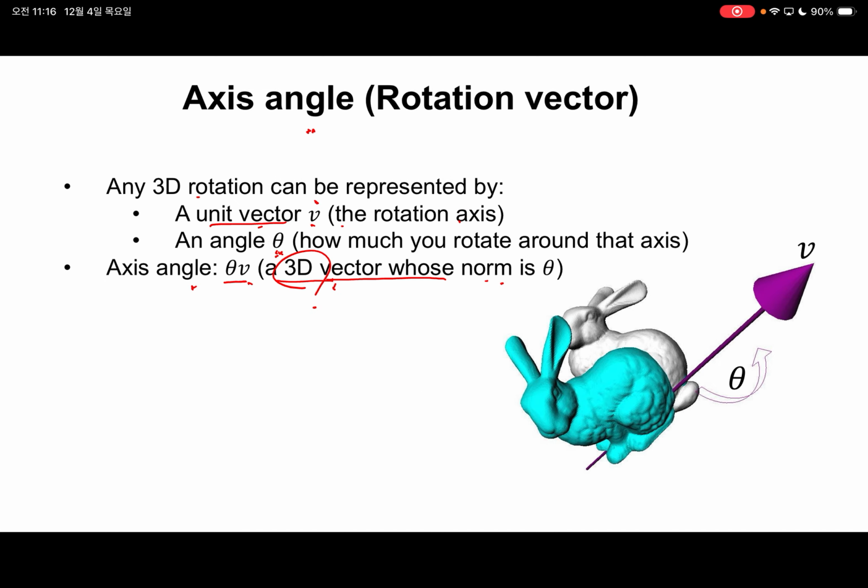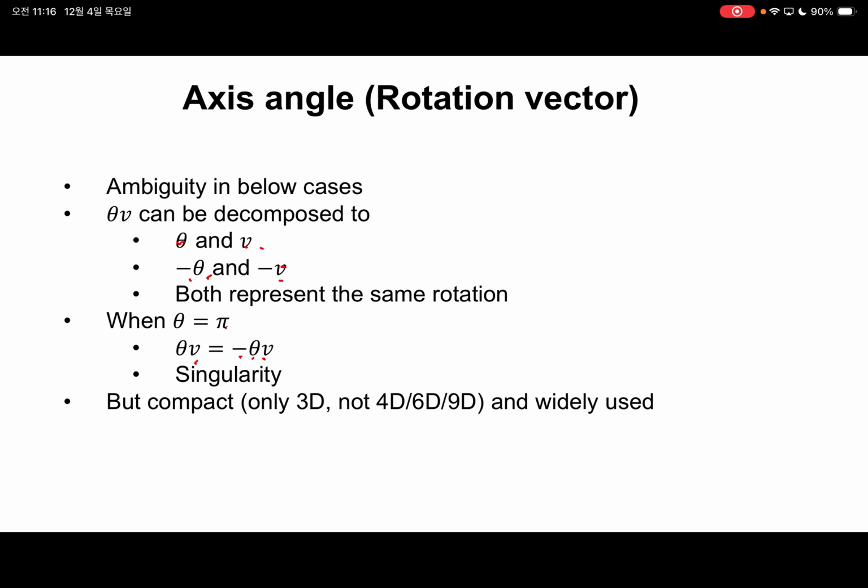Rotating an object around this axis 180 degrees, or around the opposite axis 180 degrees, gives the same result. So that gives an ambiguity of axis angle. But although axis angle suffers from ambiguity, it is compact, only 3D, not 4D, 6D, or 9D, and it does not suffer from gimbal lock. It is widely used actually.